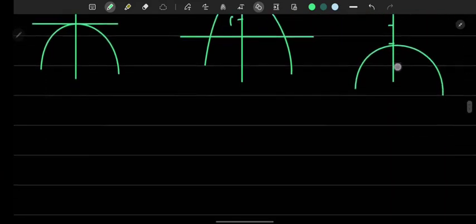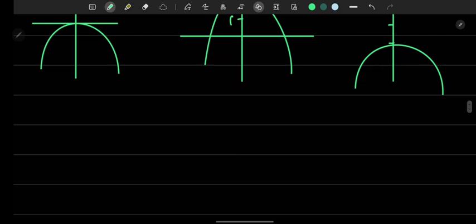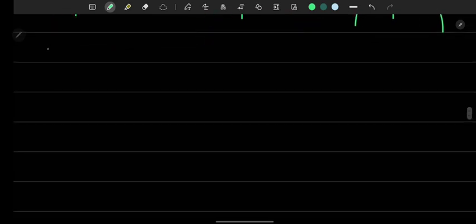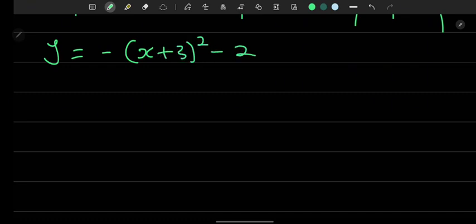Now the last example on this. Let's consider a function that combines reflection and translation, where the translation is both vertical shift and horizontal shift. Suppose you have y equals minus (x plus 3) squared minus 2.